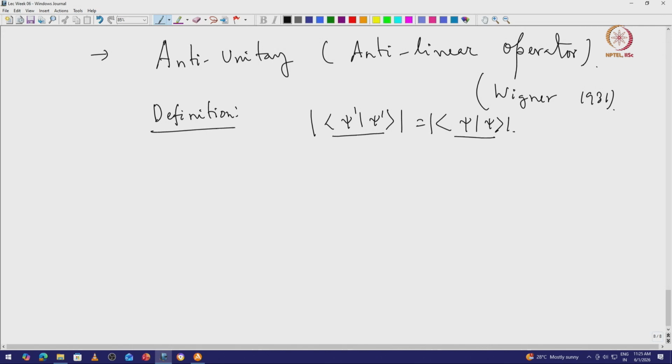So, which means if I expand it, and let me even make it general, psi 1 and psi 2. So, that is the definition of this.